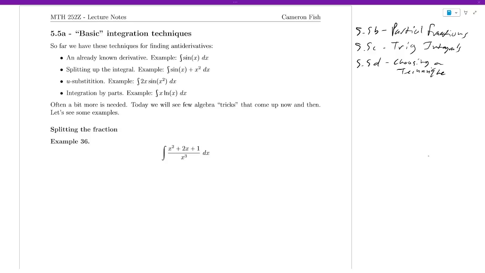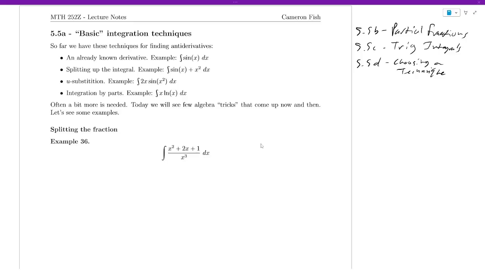So we'll see what that means, but basically we want to expand our library of integration techniques and be able to integrate all sorts of things. So let's start off with this first section. There's basically just going to be a grab bag of a couple of different algebra tricks that come up now and then, and we'll just see a couple of examples.